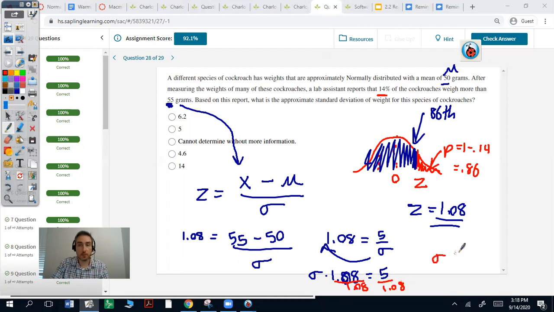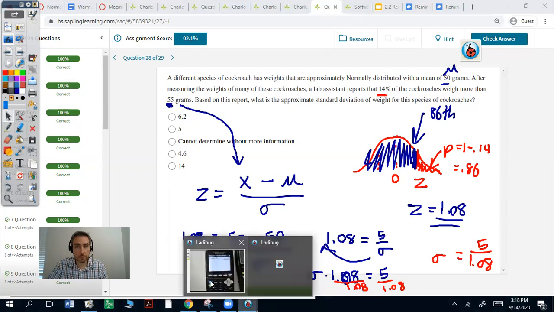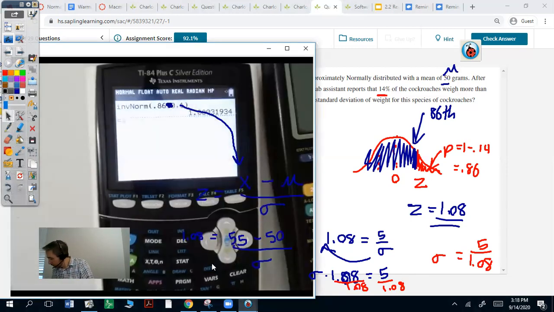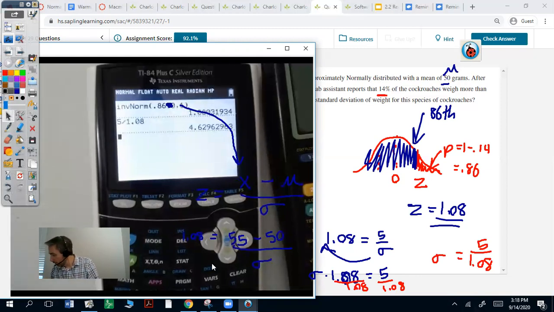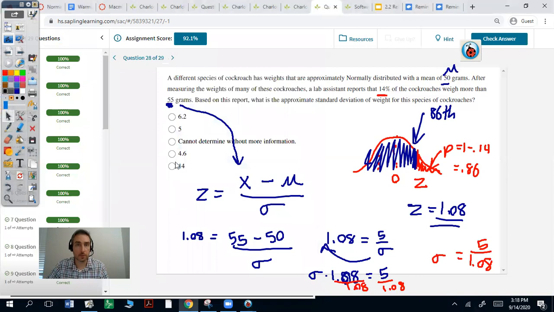So your standard deviation will be whatever 5 divided by 1.08 is. Let's see. About 4.63. So we can get that, 4.63.